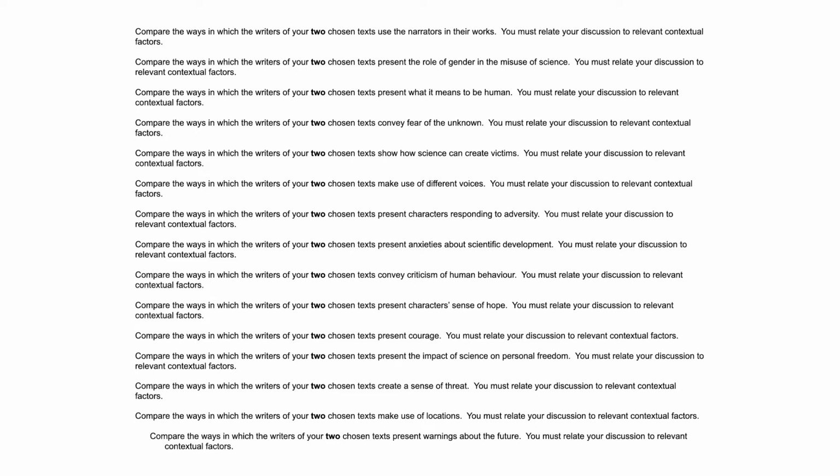Use the narrators, present the role of gender in the misuse of science. Present what it means to be human. Convey fear of the unknown. Show how science can create victims. Make use of different voices.